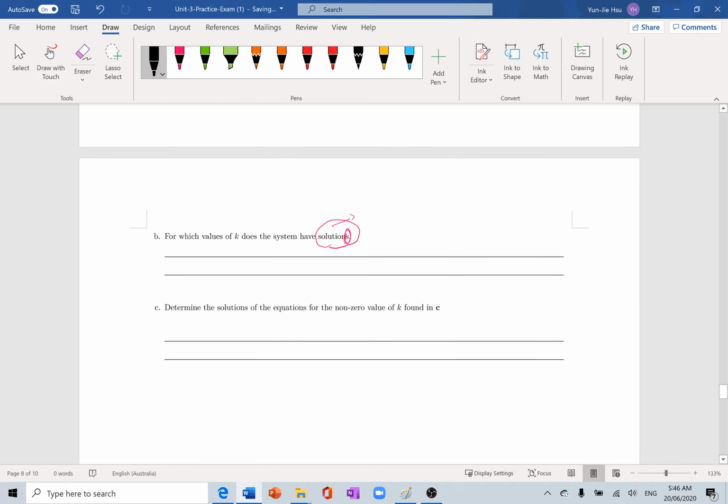The denominator cannot be 0, right? So it means 2k minus 3k squared equals 0. k times (2 minus 3k) equals 0. Therefore, k equals 0 or 2 over 3.